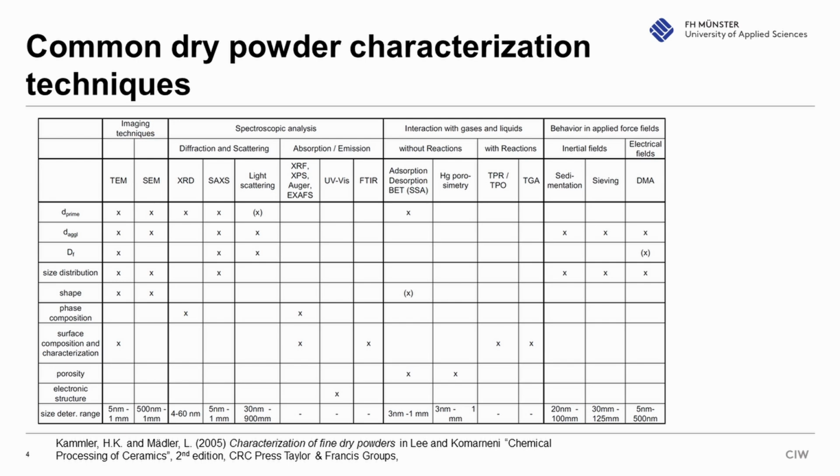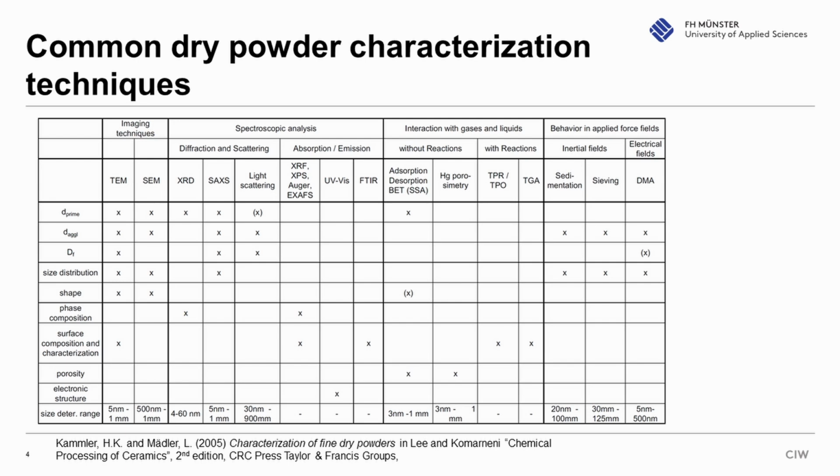Okay, camera's back. Size distribution, okay, we talked about these things. Shape, and here's also something we didn't talk so much about yet, which is surface composition and characterization. There are a lot of techniques, as you see here, which go towards surface characterization and composition.